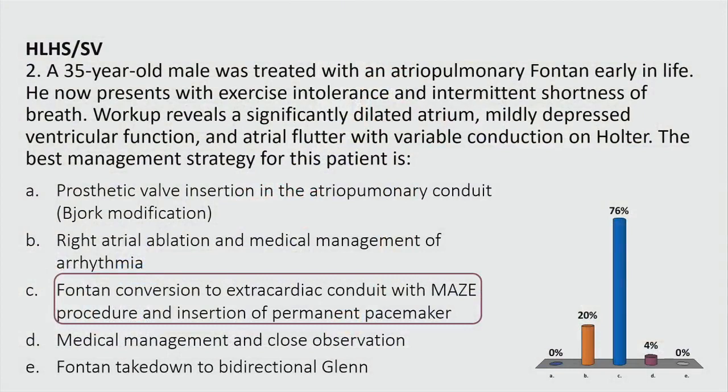So the problem with the atrial Fontan is essentially you're connecting the right atrium. They would connect the right atrial appendage to the pulmonary arteries, and that's basically how the flow happened, with or without a valve. The original idea was that you could use the atrial contraction as a driving force to the pulmonary artery.